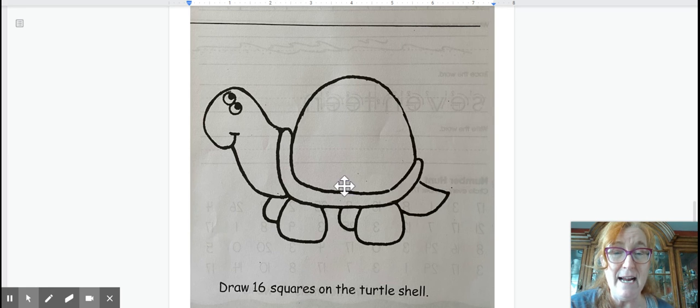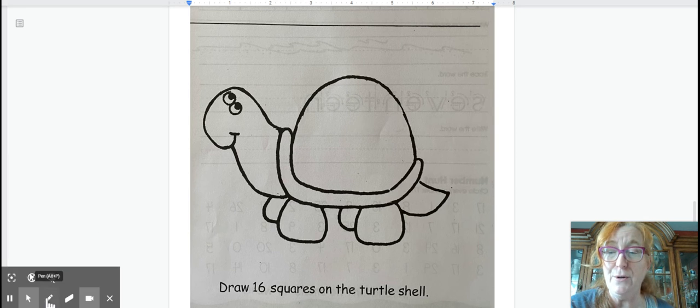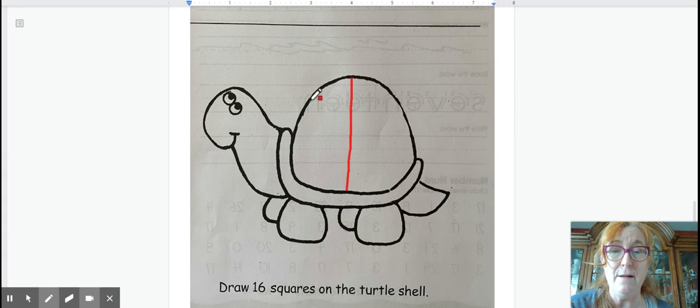So you'll have to decide how to divide up the turtle into 16 different little squares, okay? And squares are supposed to be equal in all the sides. When you make a square, they're supposed to have the same size sides. It's like a tongue twister. That's going to be kind of challenging, but you can try to do that.